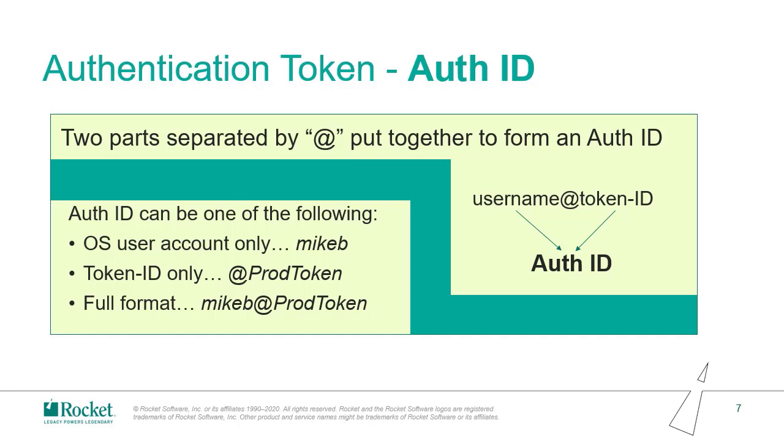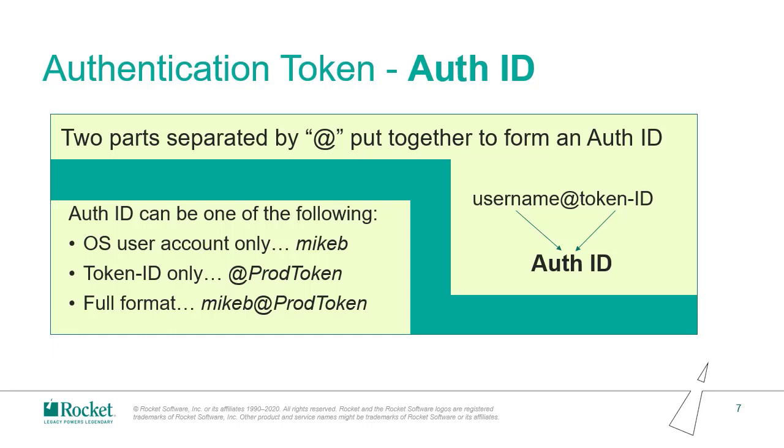You've got your OS user account only, Mike B, for example. In this case, account impersonation is done like previous versions, so your traditional way. You've got your token ID only, so it'd be no username, just the @token ID, @prod token in this example.